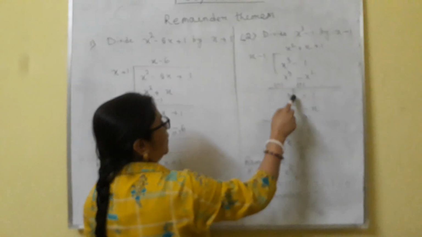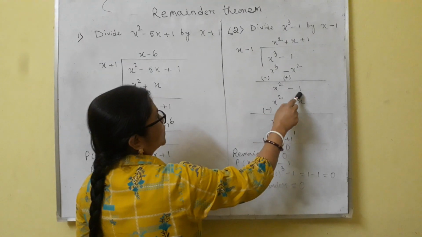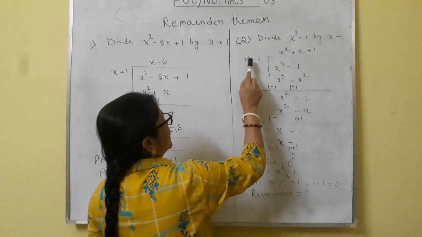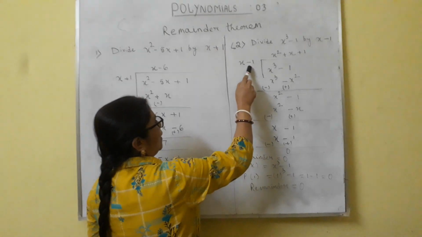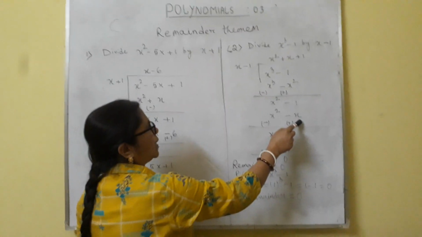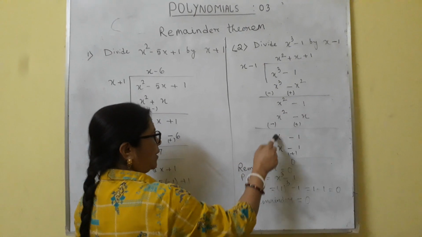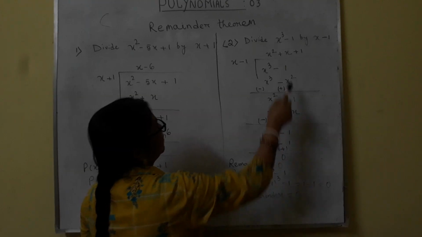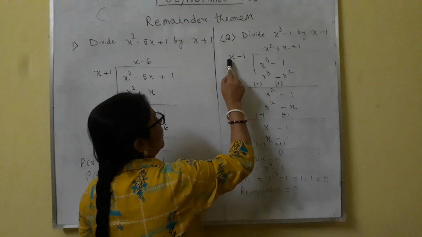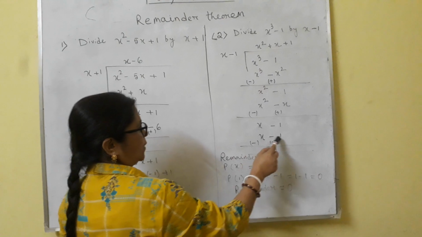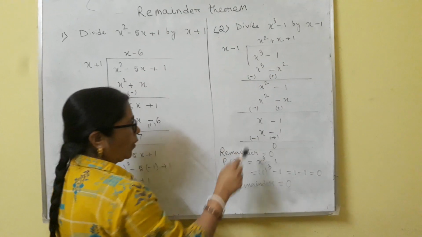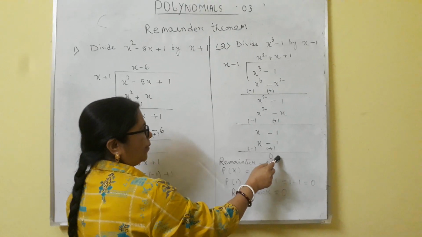Then simplifying we get x square minus 1. Then multiplying by plus x, we get x square minus x, and then we get the remainder x minus 1. Then multiplying x minus 1 by plus 1, we get x minus 1. This is the method of long division. So we get the remainder 0.